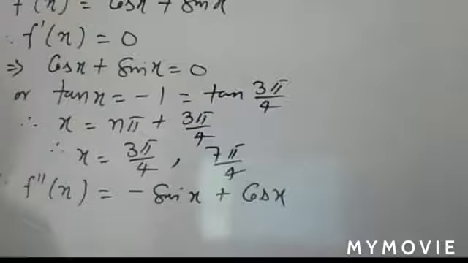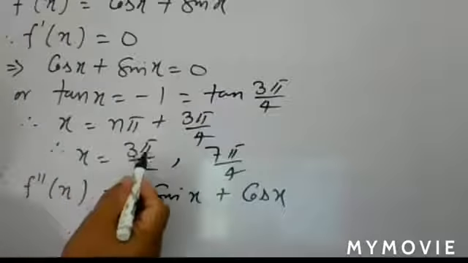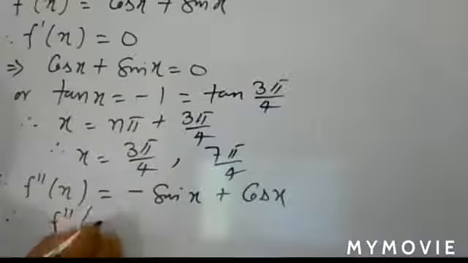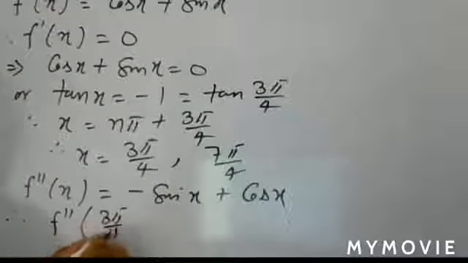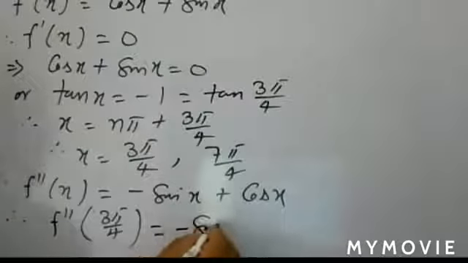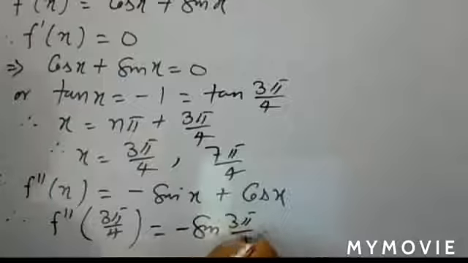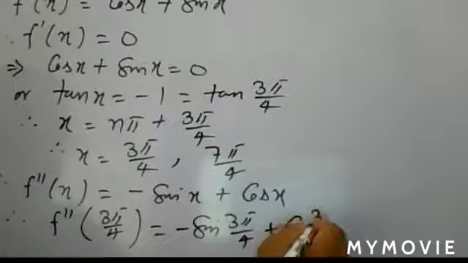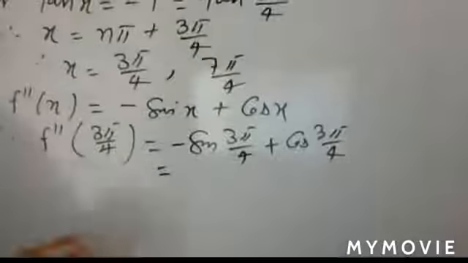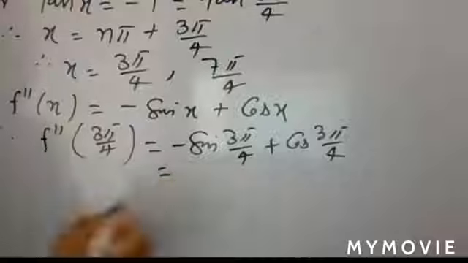Now find the value of f double dash at 3 pi by 4. Find its value. So minus sine 3 pi by 4 plus cos 3 pi by 4. Okay. You are trying to find the values of sine 3 pi by 4 and cos 3 pi by 4.